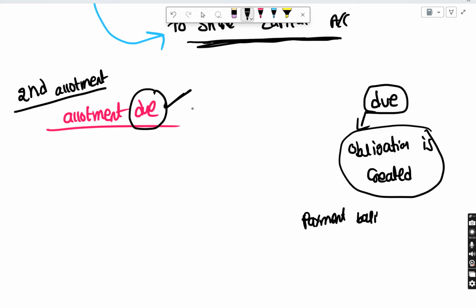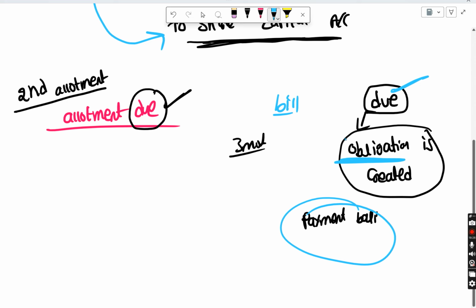For example, let's say I have used electricity for 3 months. I have used the electricity services for 3 months, so automatically an obligation, a responsibility, is created. I have to pay the bill, right? It is due. Whether I paid it or not is a different scenario, but the bill is due.